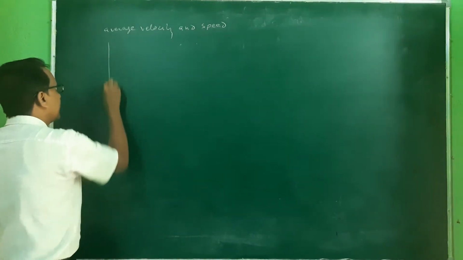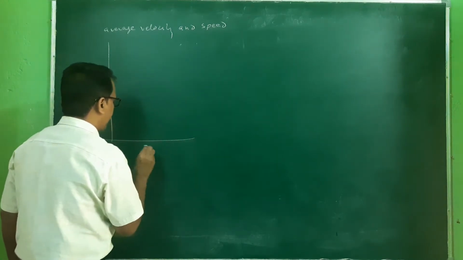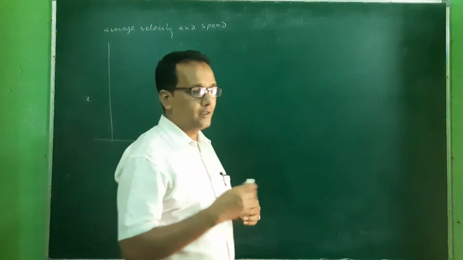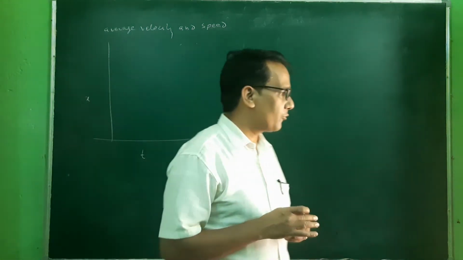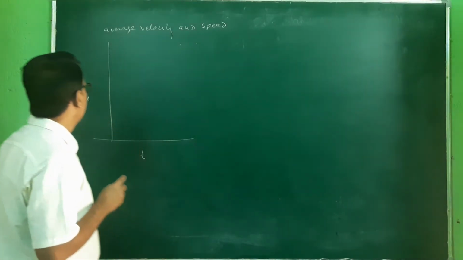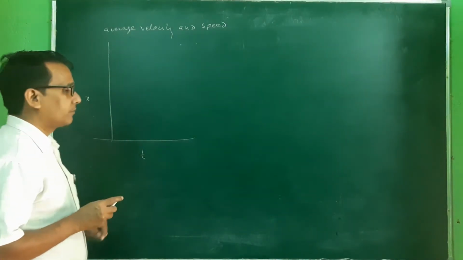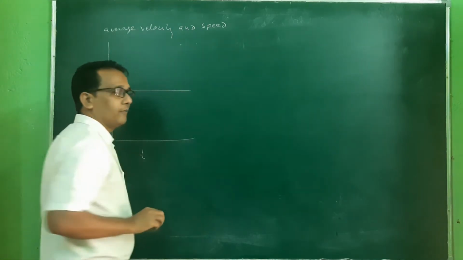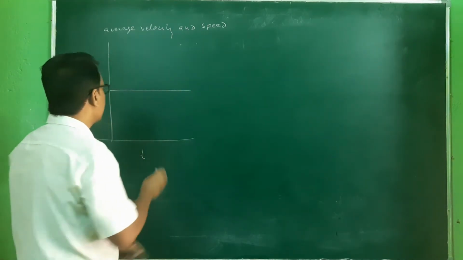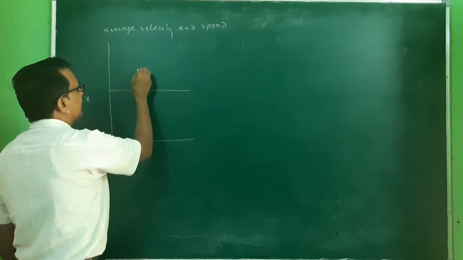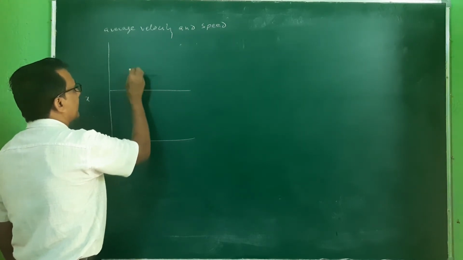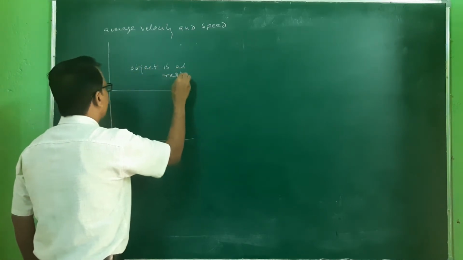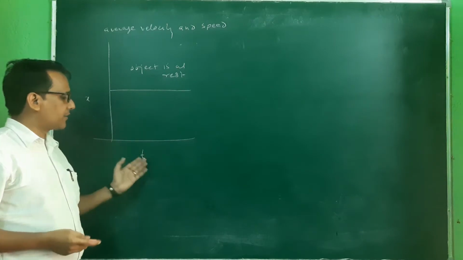If this is a plot between time and position, represented by x, and we are talking about one-dimensional motion, this is a graph between x and t. If we have a line parallel to the time axis, then the object is at rest, because position is unchanged with time.